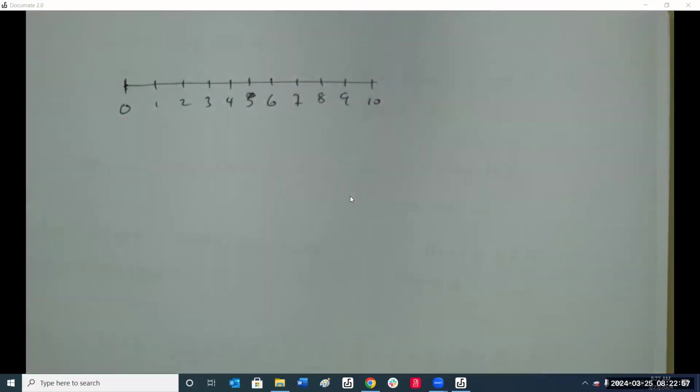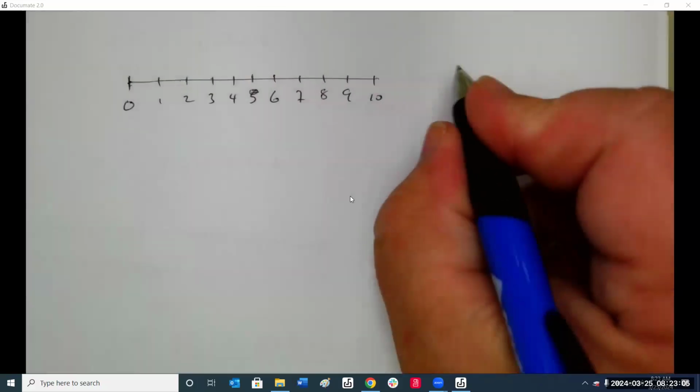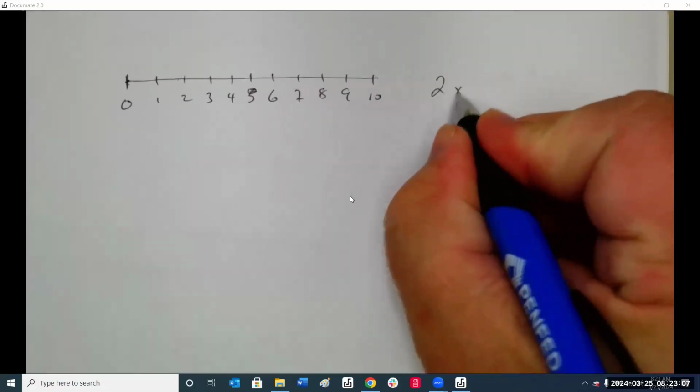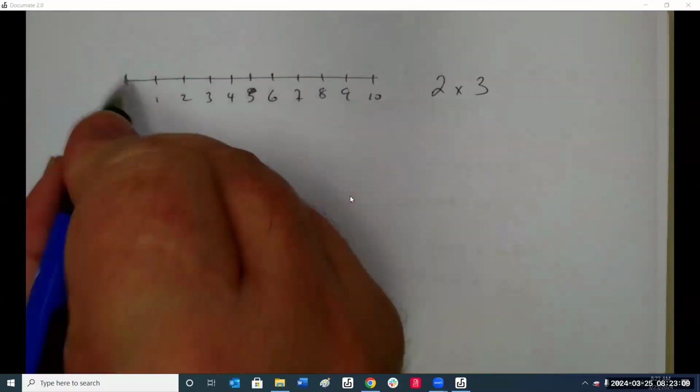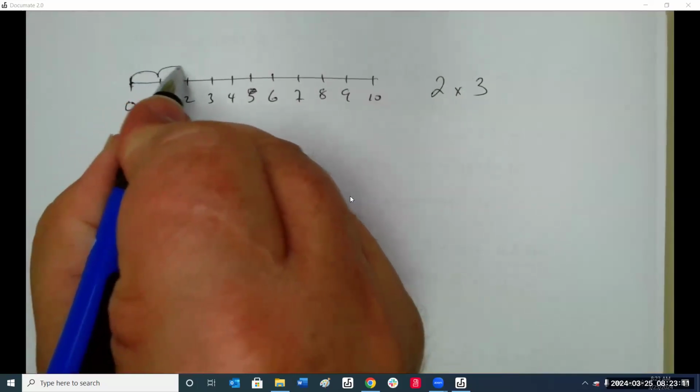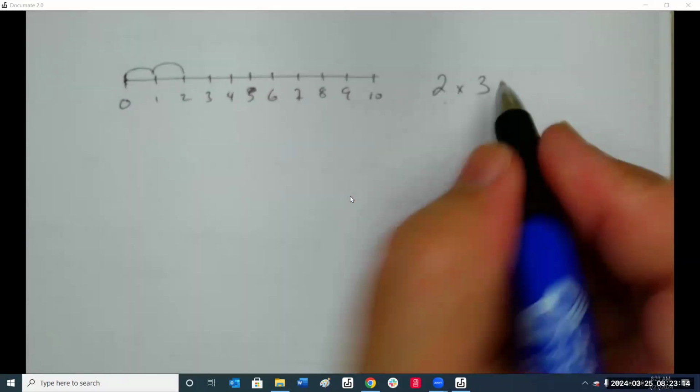Well, I guess it would be like 2 times 2, then we'll move over, and then plus 2, so we're going to add another 2. Yes, exactly. So let's say we did 2 times 3. We start at 0. You go over 2 spaces. You do that 3 times.